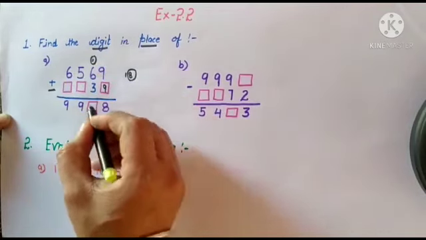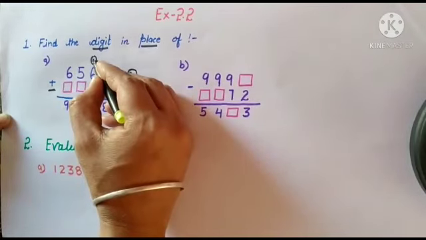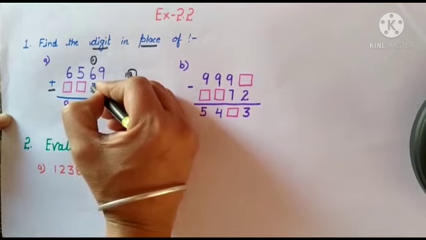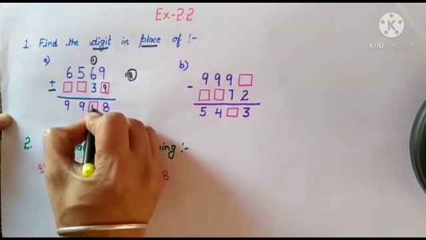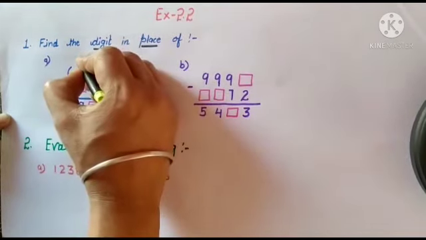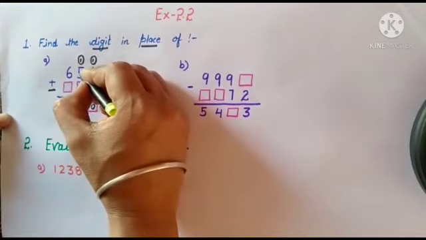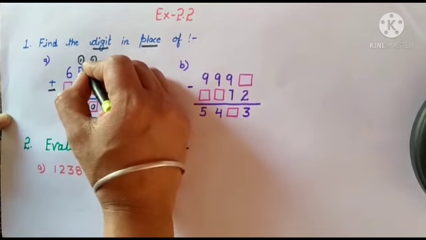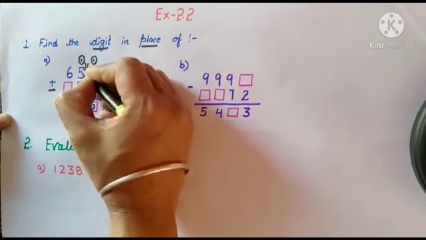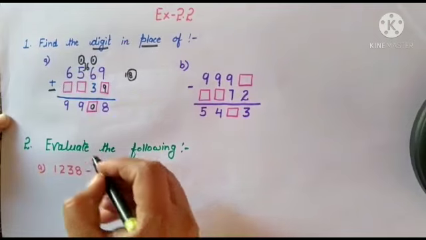Now add this one: 6 plus 1 is 7, 7 plus 3 is 10. 0, and 1 should be carried to the next to add. 1 plus 5, 6. It comes to 6 in this 2nd digit.